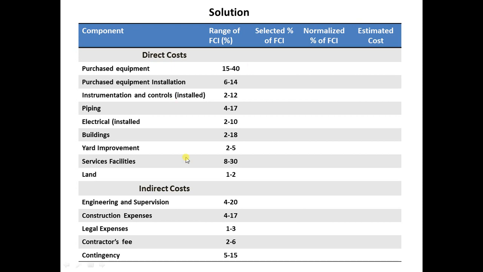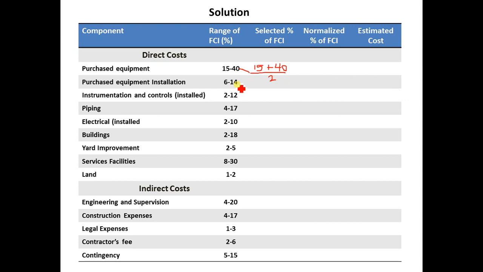So what you're going to do here is, the selected percentage FCI for purchased equipment is going to be 15 plus 40 over 2, that's the average of the maximum and minimum, and this goes for this.